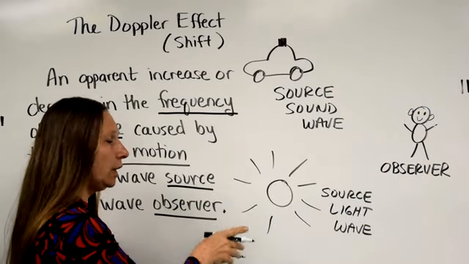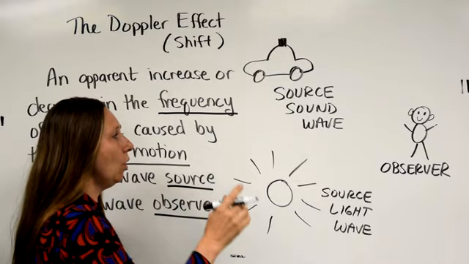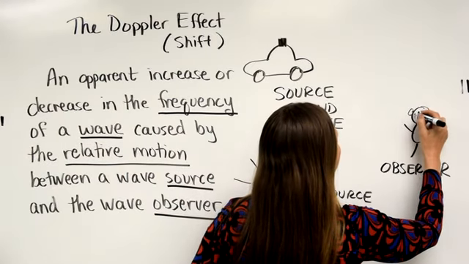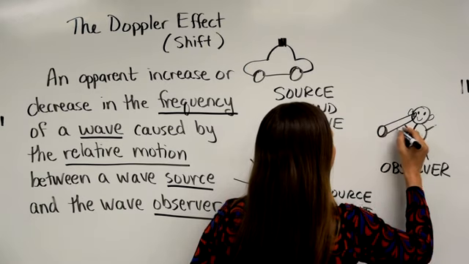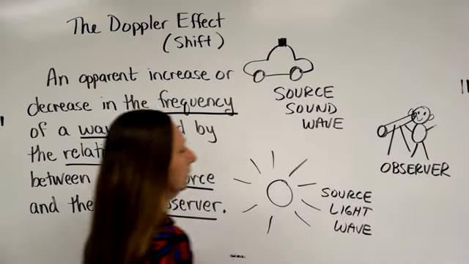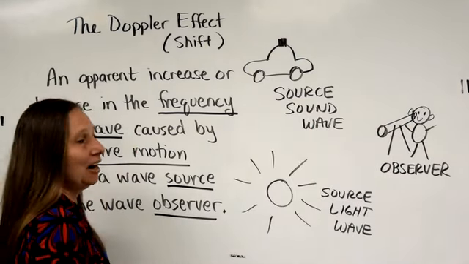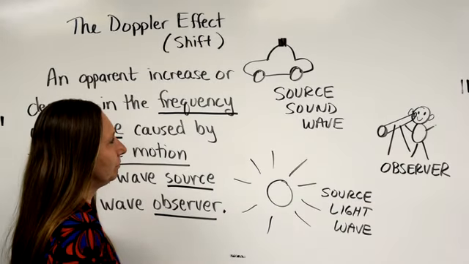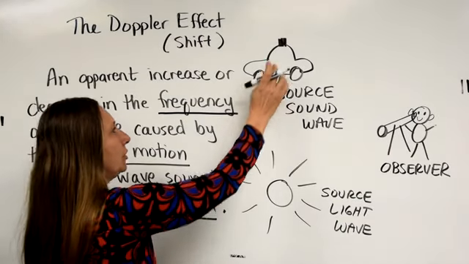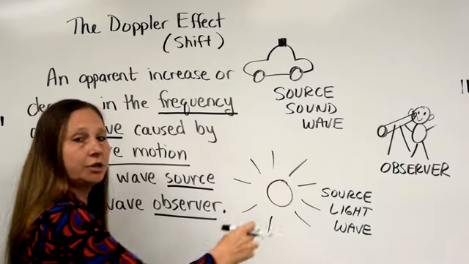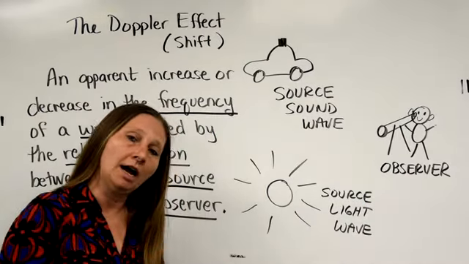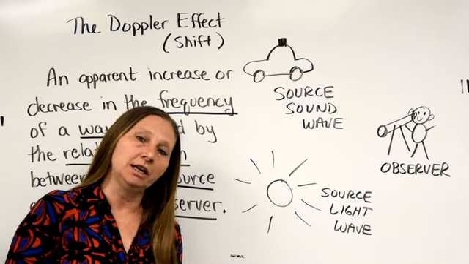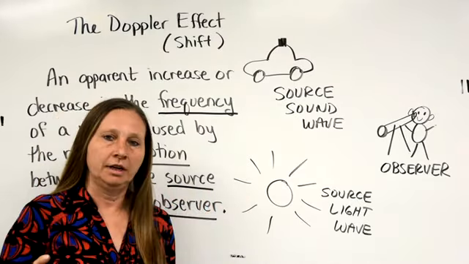The observer can look at the star with his eyes, or the observer might want to use a telescope to look at the star down there. So a typical source of a sound wave, a typical source of a light wave, a typical observer is you or I, using our eyes, using a telescope, using our ears, etc.